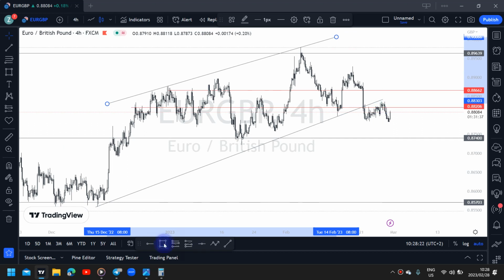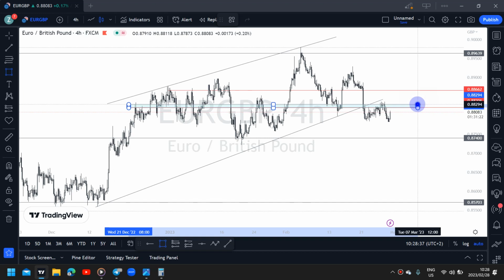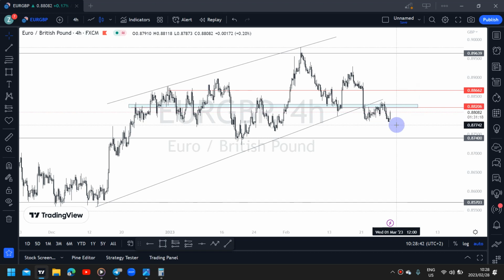So I just wanna add a zone here, since this is a minor key level. I just wanna add it as a zone for accuracy. So yeah, it's better now.